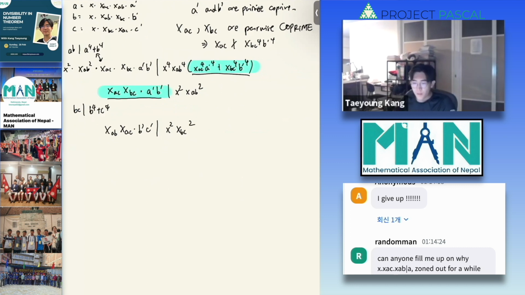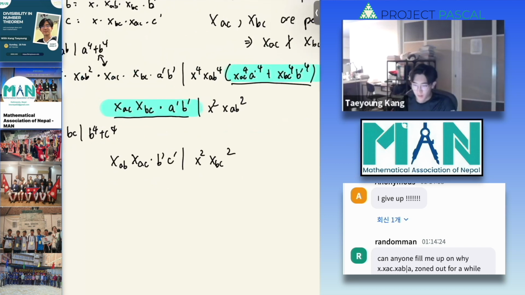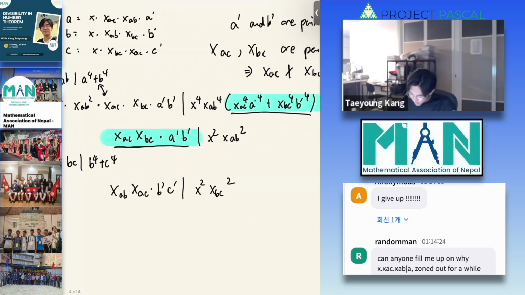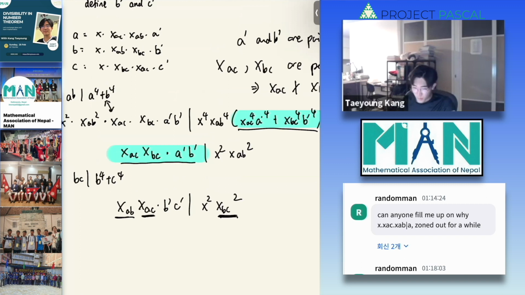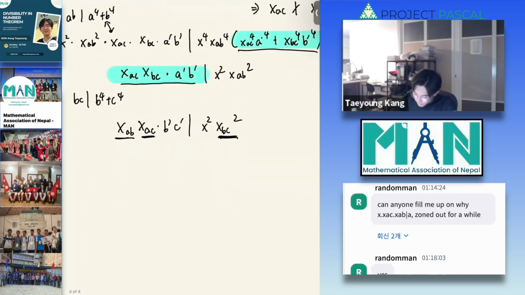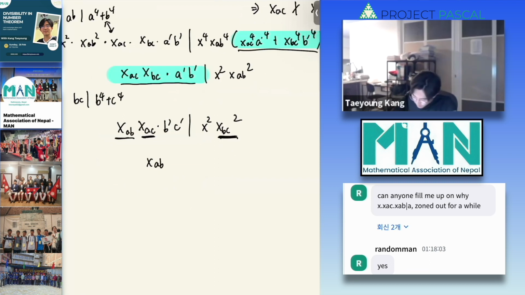And moreover, since we know that our X A X AB X BC are coprime, like these two are coprime, and also these two are coprime, we can reduce this into X AB divides X squared.